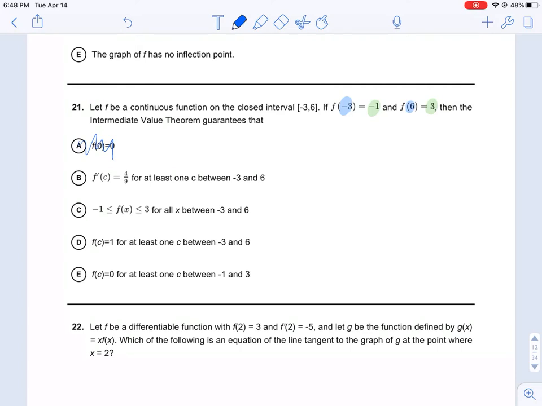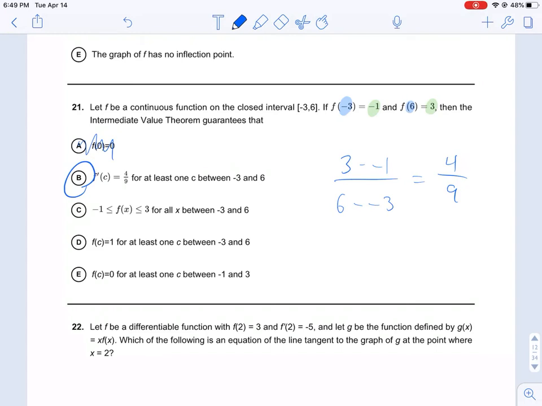They're trying to get you to misuse the mean value theorem, or not necessarily misuse, sorry. If you find the slope, 3 minus -1 over 6 minus -3 is 4/9. So the slope between those 2 points is 4/9, and therefore, because of mean value theorem, B must actually be true. Let's talk about why the others are not true.